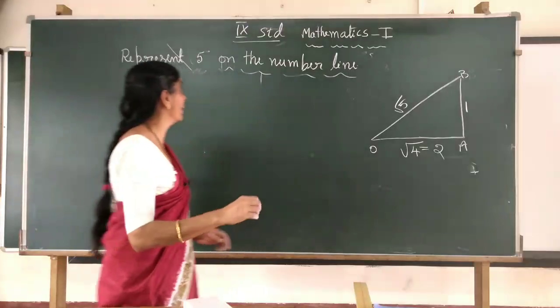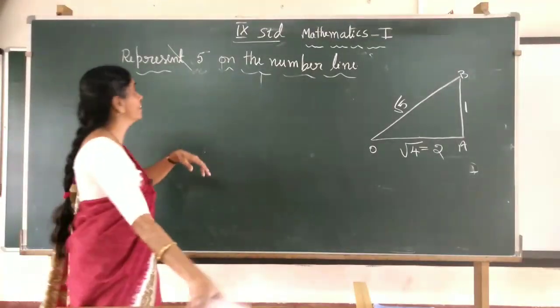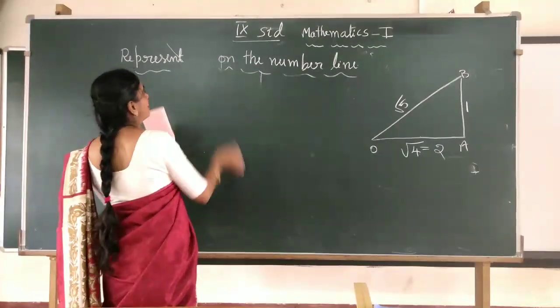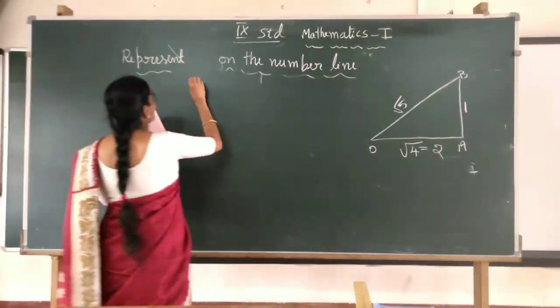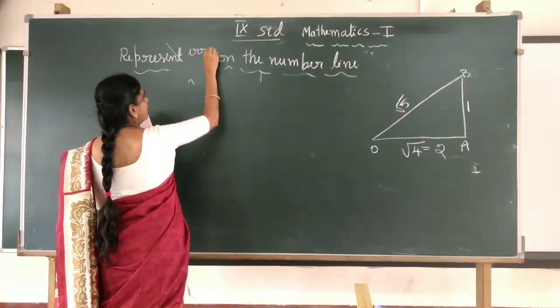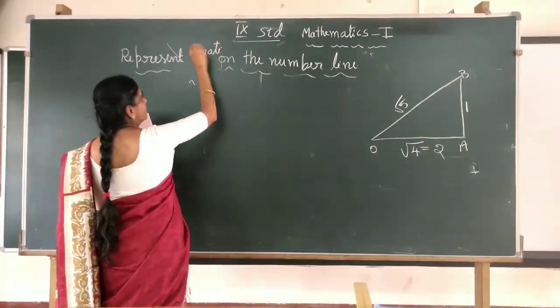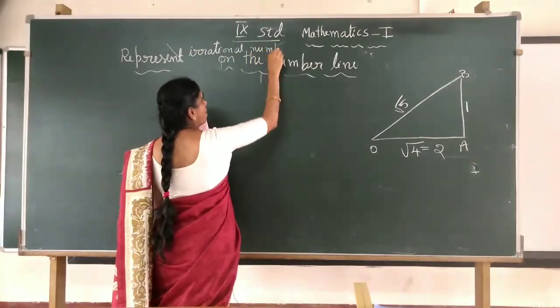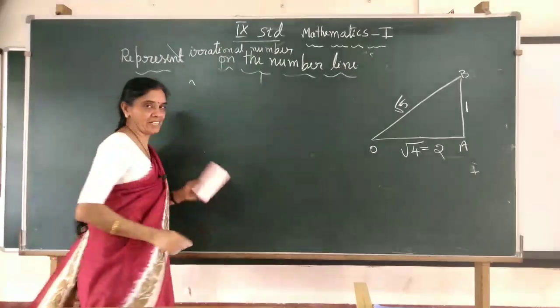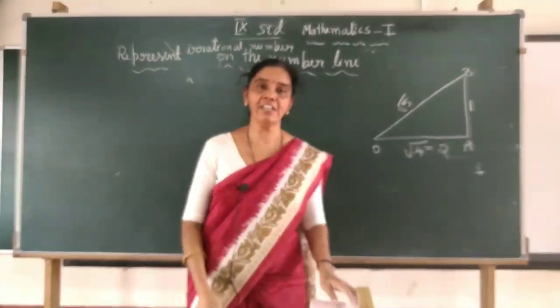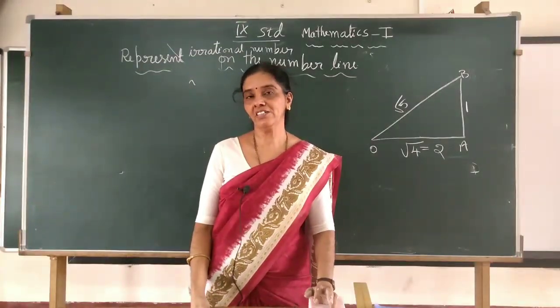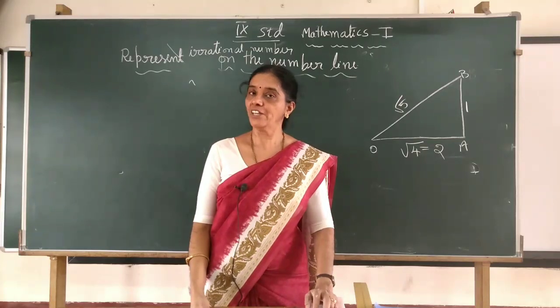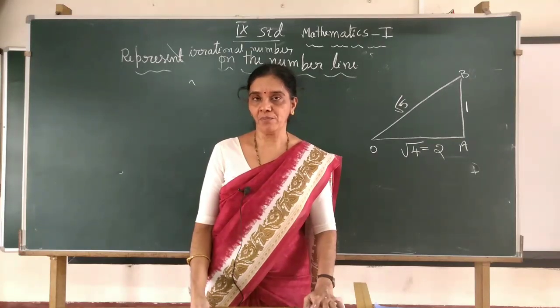So today we have learned how to represent irrational numbers on the number line. Which numbers we have represented? First one square root 2, then square root 3 we did. At home you have to do square root 5.